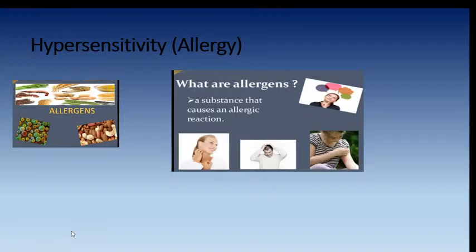Like for some of us, when you come in contact with hay, you will get some itching, or you will feel some asthmatic symptoms. And if you come in contact with the flower of the acacia plant, or with dust, there are certain substances which elicit a wide range of changes in your body, like itching, or there may be inflammation of different body parts, there may be vomiting, you may have fever.